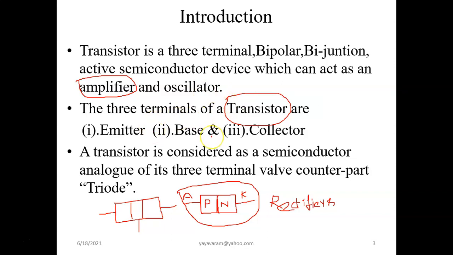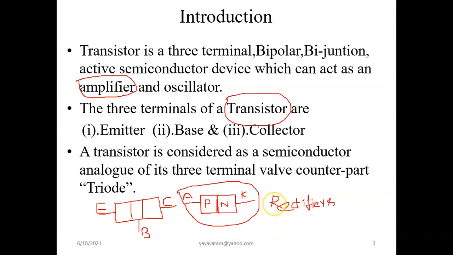So this is the importance of your BJT or so-called transistor. It is a three-terminal device or component where the three terminals are, one is emitter, the other is base, the third one is called collector. A transistor is considered as a semiconductor analog of its three-terminal valve counterpart because this is all semiconductor devices. During the 1950s, 60s, and early 70s also, there was valve technology.